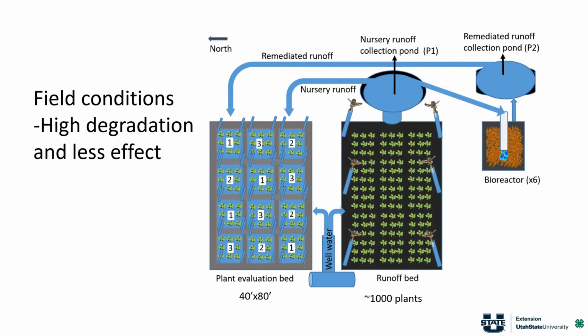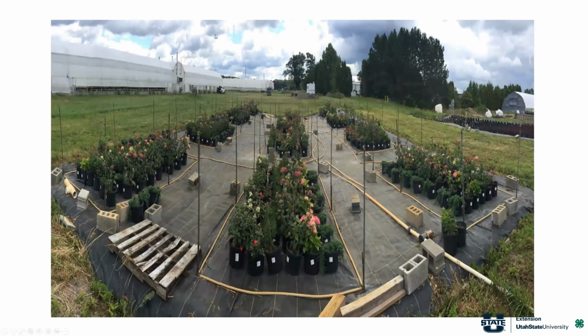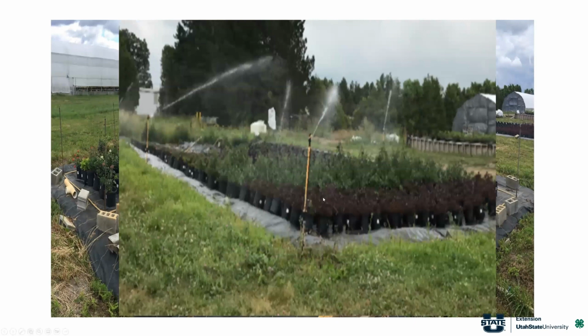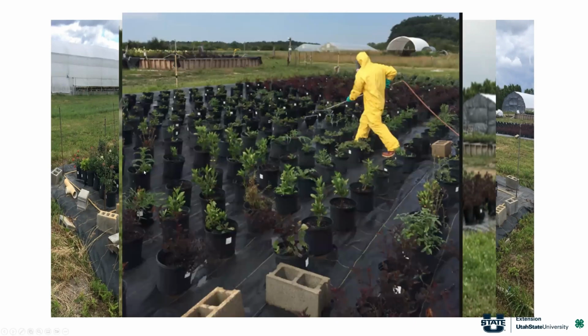So it might produce lesser damage compared to the greenhouse production site. This was the field, this was the evaluation bed. This was the runoff bed that had been sprayed with 10 different pesticides at different intervals. Yes, that was me doing this in a hot July when it was 98 °F, and I was boiling inside there.